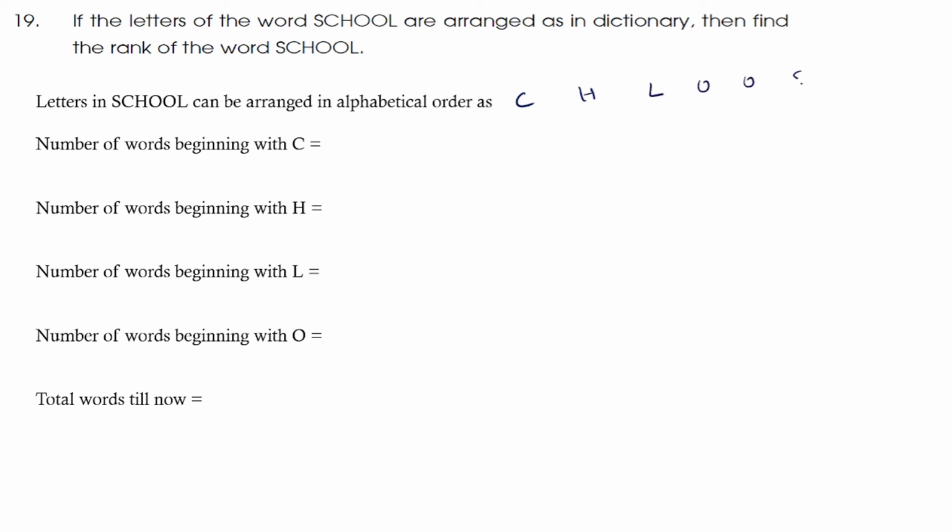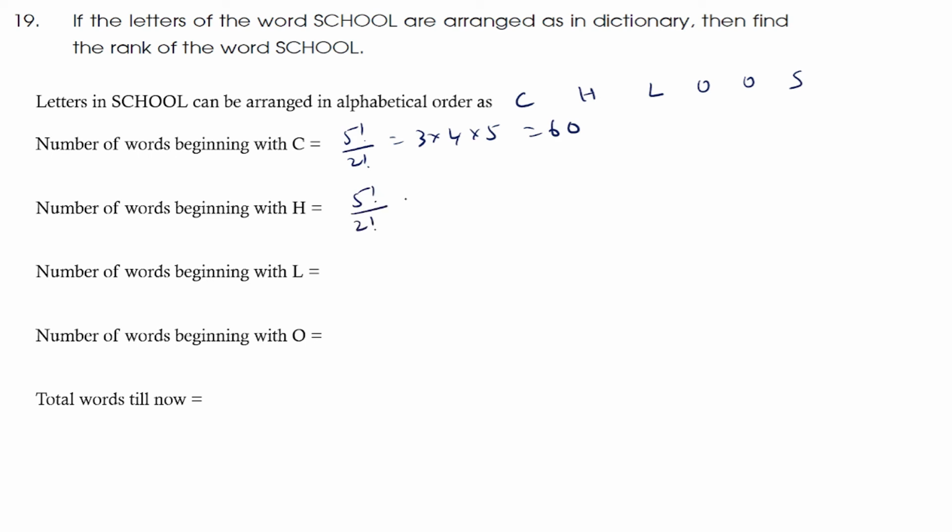O, S. So the number of words beginning with C will be 1, 2, 3, 4, 5, 5 factorial upon 2 factorial. So this is 3 into 4 into 5, which is 60. Then the number of words beginning with H will be, again the first position will be fixed with H. Remaining there are 1, 2, 3, 4, 5 letters and O is repeated.